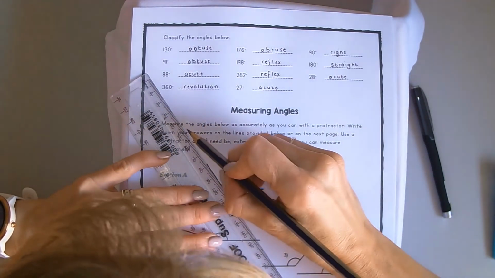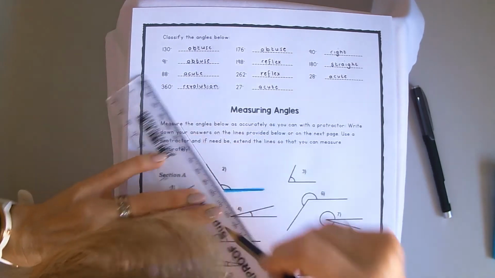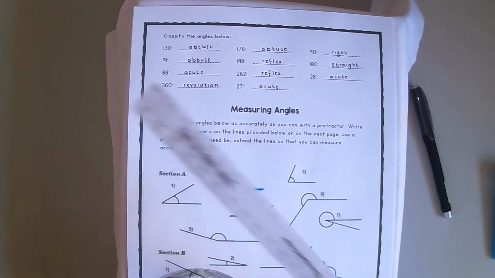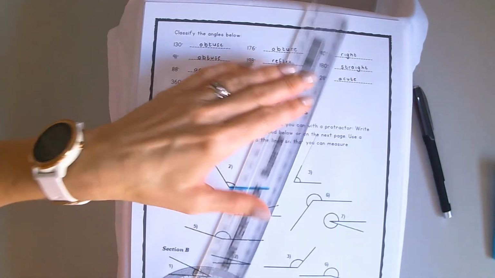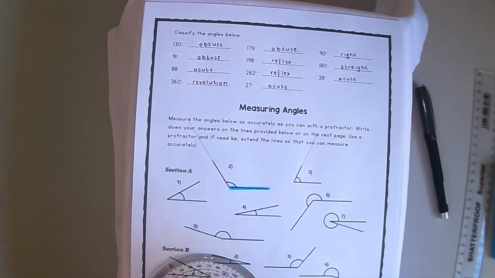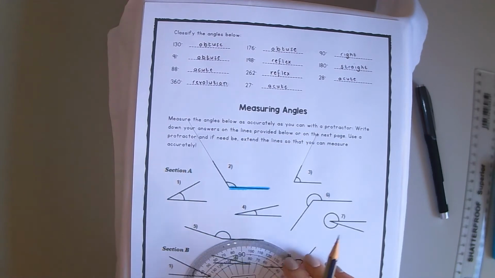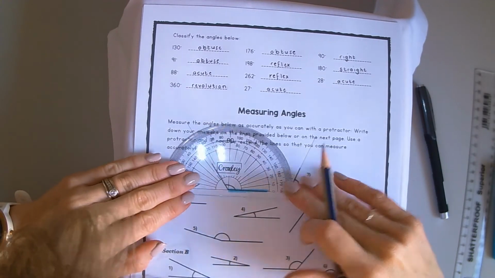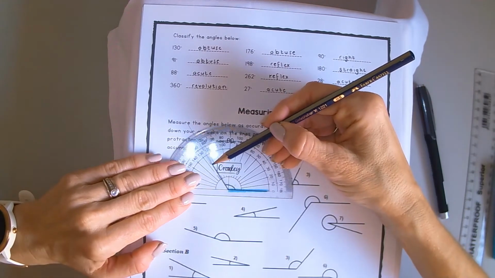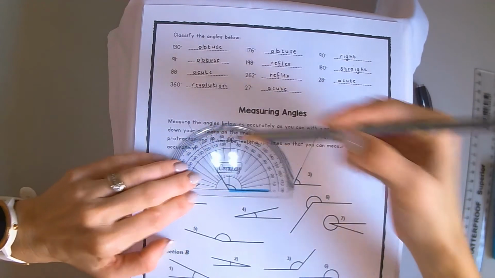Don't worry if you go over into any writing. It's just a line, nothing's going to happen. I'm going to do number 3 as well because that's the next one that I'll do. Just extend your lines so you can see where they're going, because if you're using your protractor, you'll notice that your lines only go halfway and then I can't actually see where it's going to.